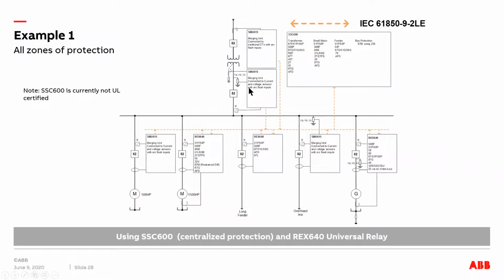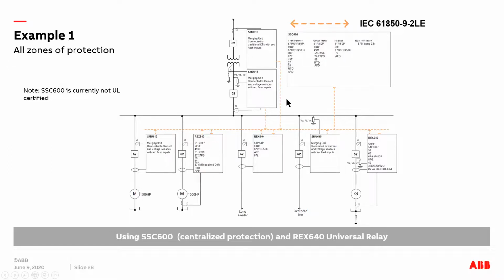And in this case, you can see here for the mains, we are showing SMU615. SMU615 is a dedicated merging unit. If you don't want to use a relay, SMU615 can publish the current and voltage signals out onto the process bus, and then that signal is subscribed into the SSE600 to do the protection. For example, for the transformer and the main incomer here.